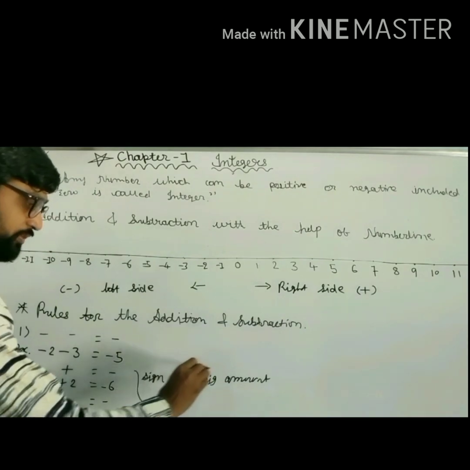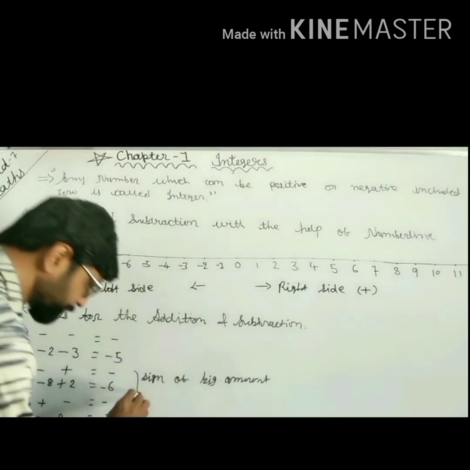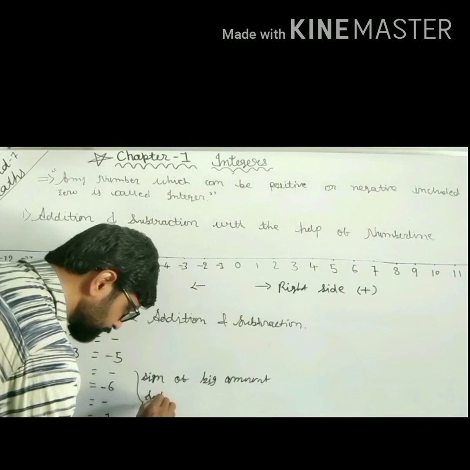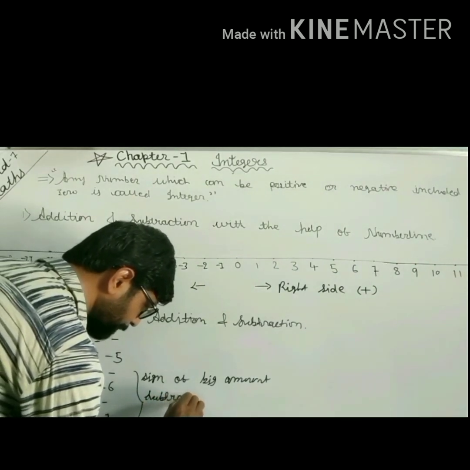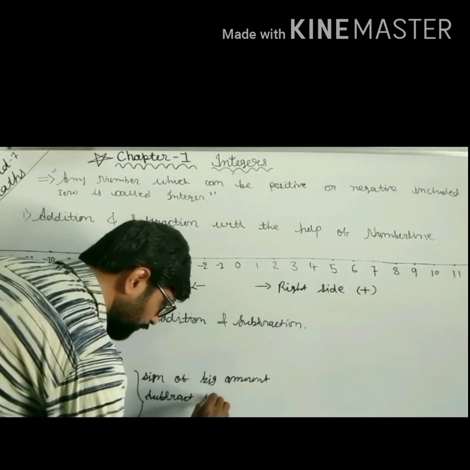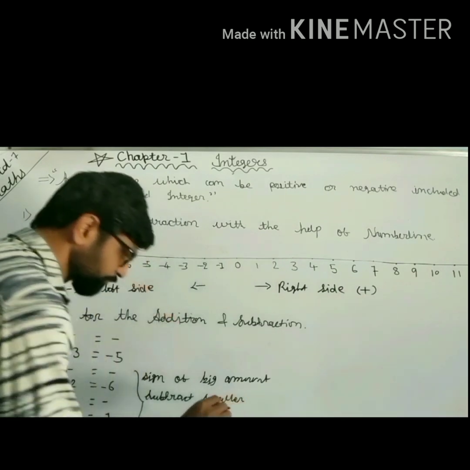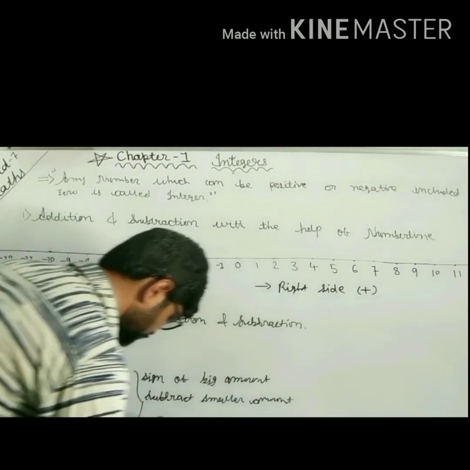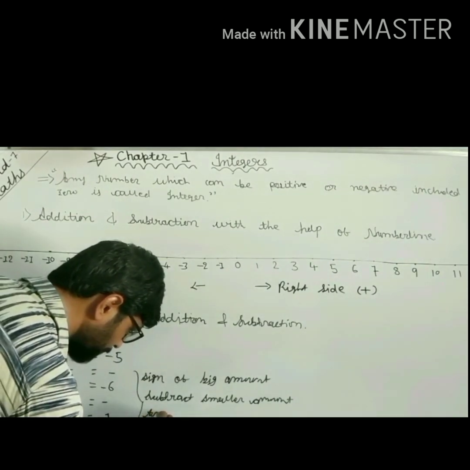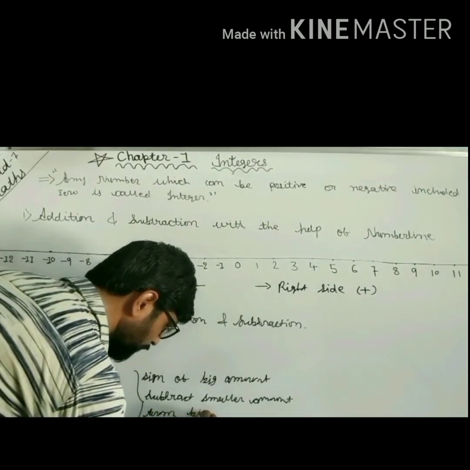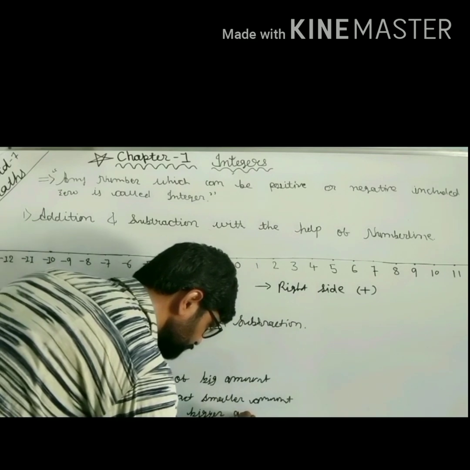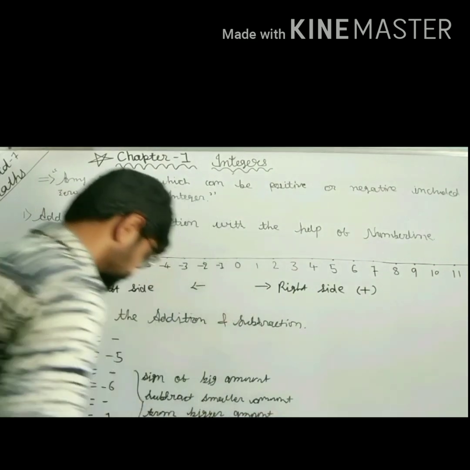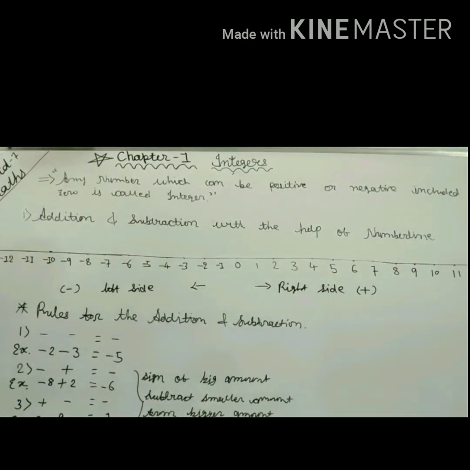First of all you have to put the sign of the bigger amount and subtract the smaller amount from the bigger amount. Is that clear to everyone? This is rule number 3.